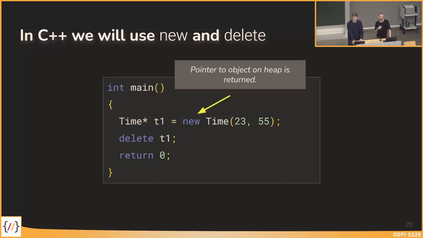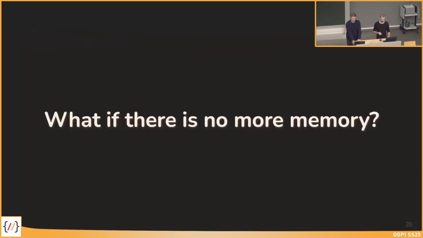But compared to C, where we had to allocate just memory space, using the size of struct and so on, here we can create objects, and we do not have to specify the size because it's determined internally how big the memory size of the time object, for example, is. So I can create a time object, I get a pointer, I can work with this, of course, and then I have to delete it in the end.